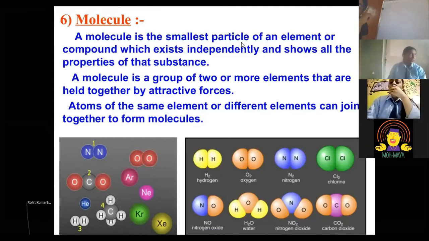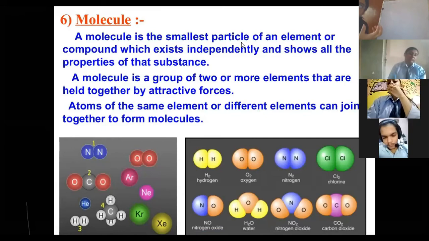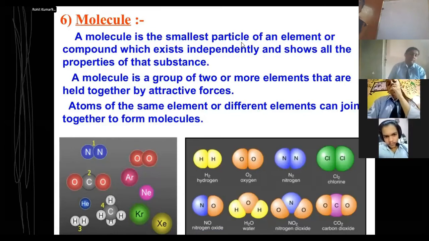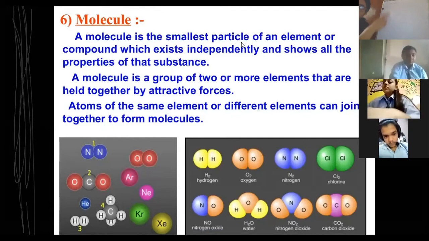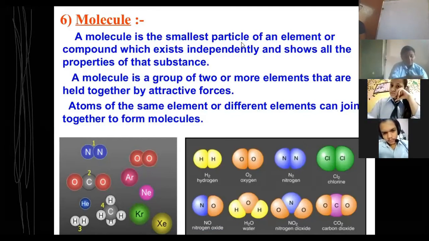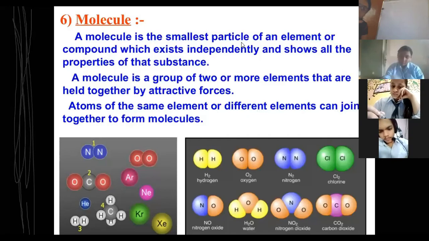Atoms may or may not have independent existence. I have told you that those atoms may or may not have independent existence. For example, if they belong to the noble gases, then they will have independent existence. But if they don't belong to the noble gases, they don't have independent existence. Now, how will they be stable?